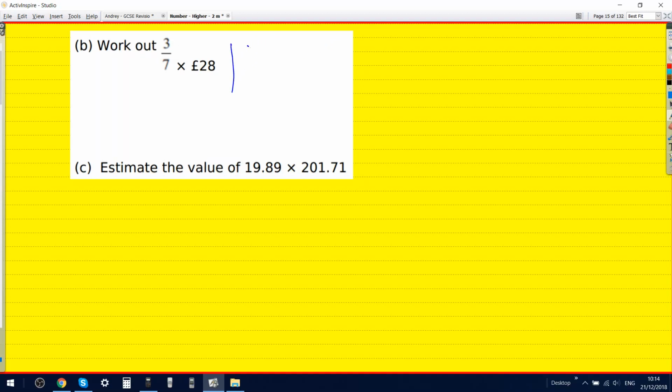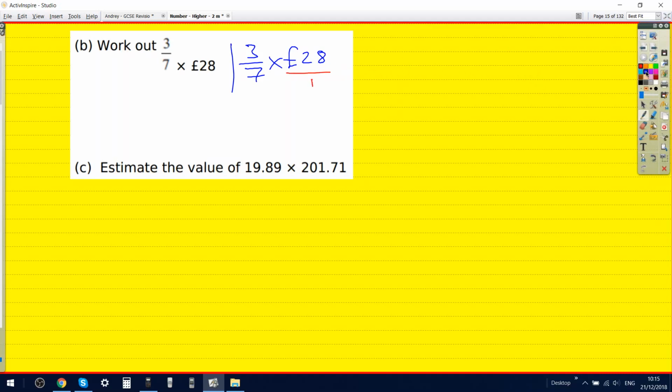So it's kind of printed a bit weird. It should be like that. So would you do 28 over 7 times 28 over 1? Oh no, wait. Yeah, nothing wrong with that, if you wanted to do it that way. And then would it be like 84 over 7 or something?